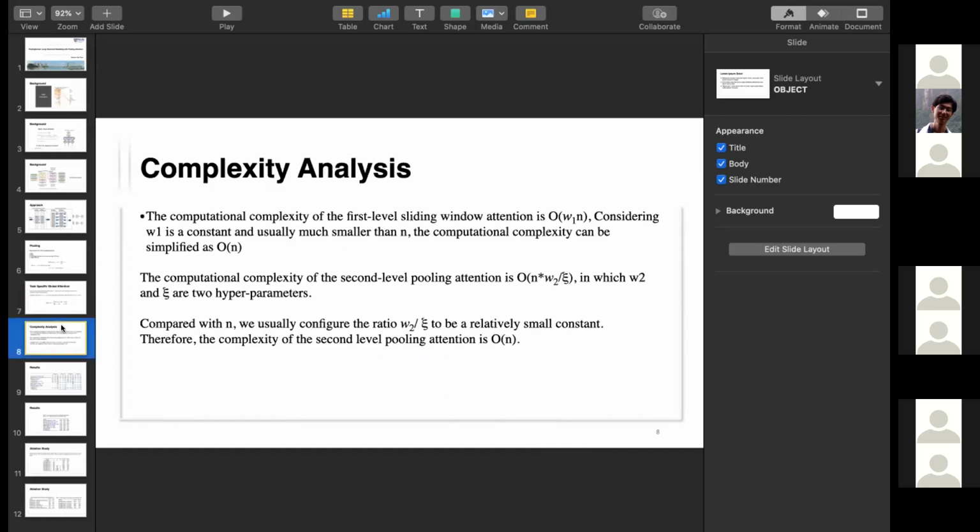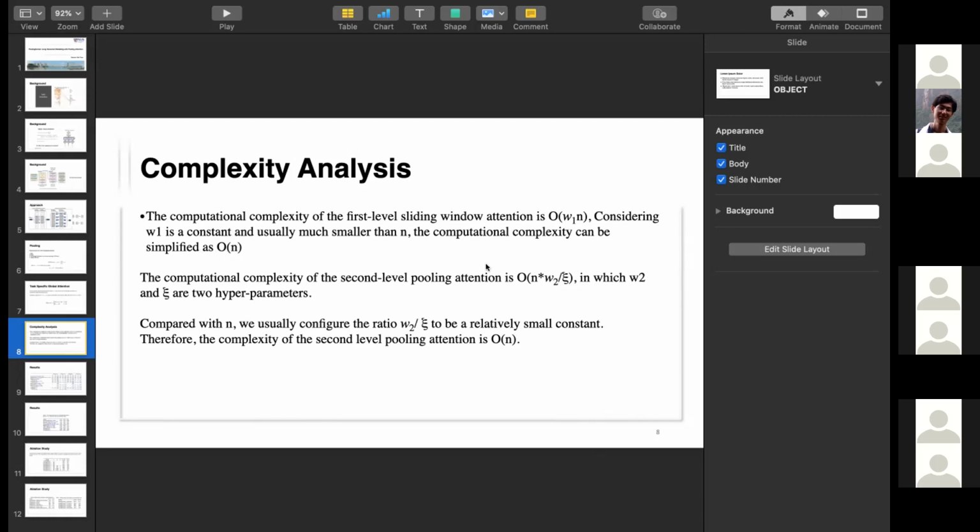Okay, so the complexity of this model is calculated as follows. In the first-level sliding window, if the window size is W1, then the computational complexity is O(W1 n), and because we can choose W1 as a small constant, it can be simplified as O(n).